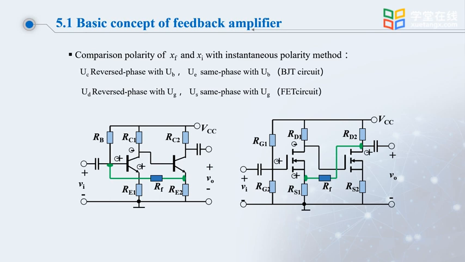Instantaneous polarity is constant through a resistance. Conversely, negative produces a negative.